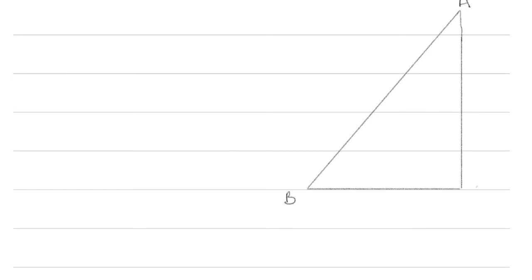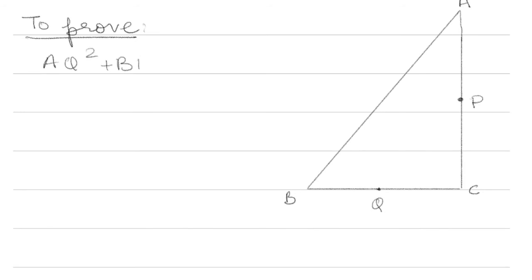In this question we are given a right angled triangle ABC, which is right angled at C, and P and Q are points on CA and CB. We have to prove AQ square plus BP square is equal to AB square plus PQ square.